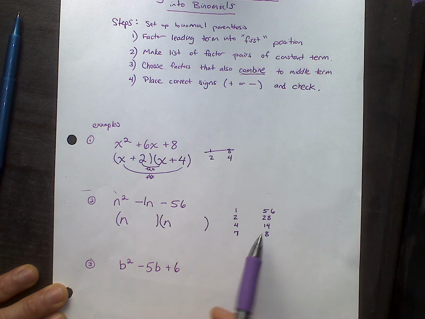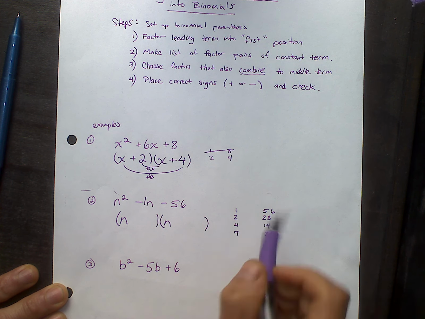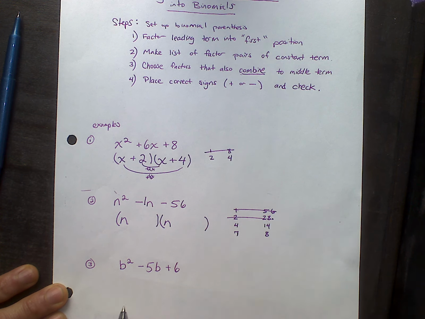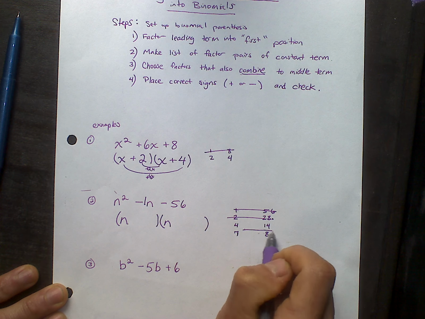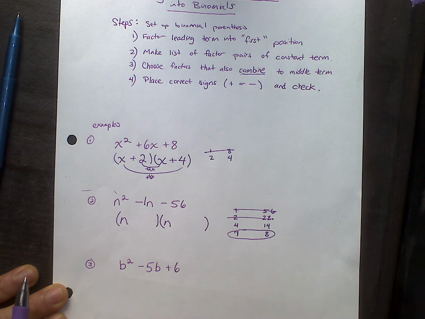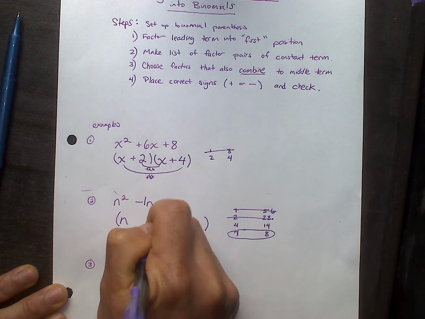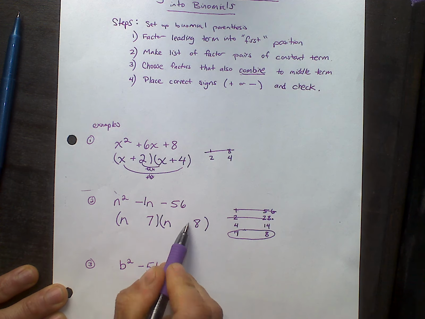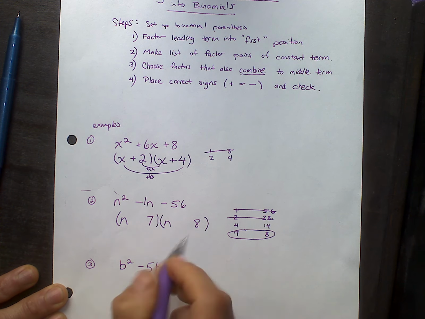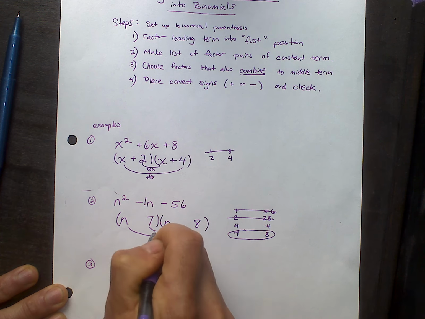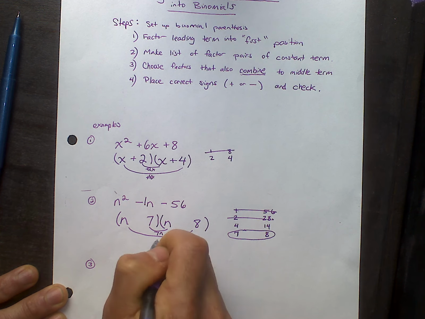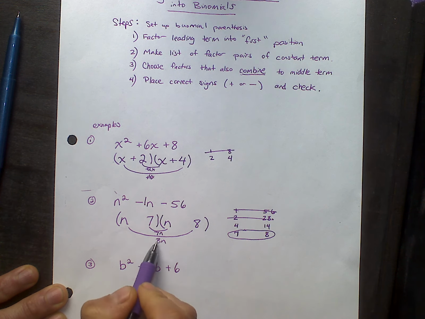So 2 and 28 will not give me the correct sum or difference either. Seems like the correct choice is going to be 7 and 8. 7 times 8 does give me the 56, but when I look at my products, 7n and 8n, I can add or subtract to get to -1n. I can do 7 minus 8.